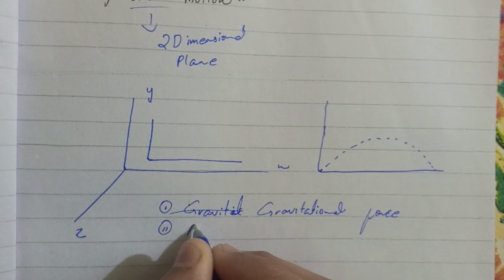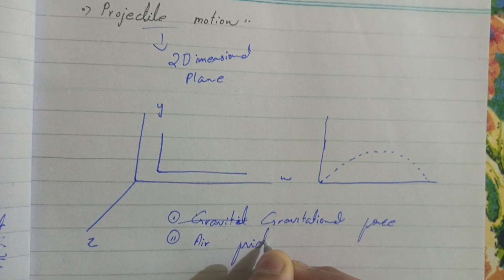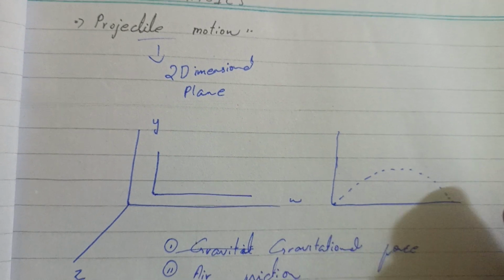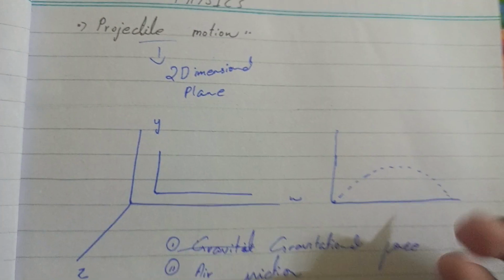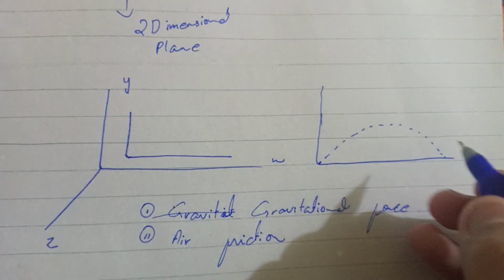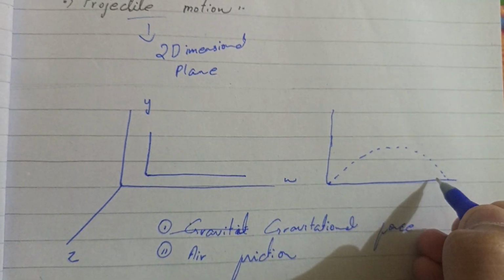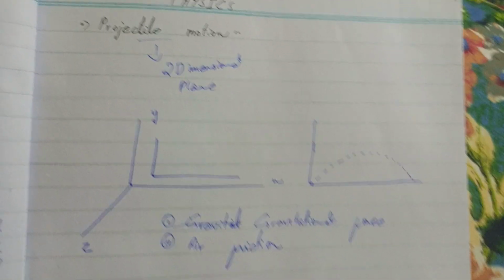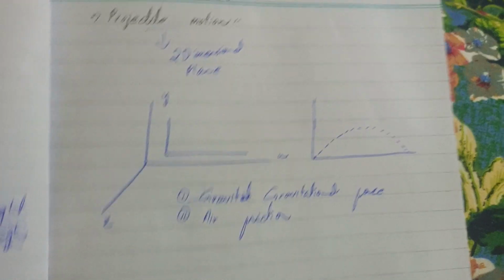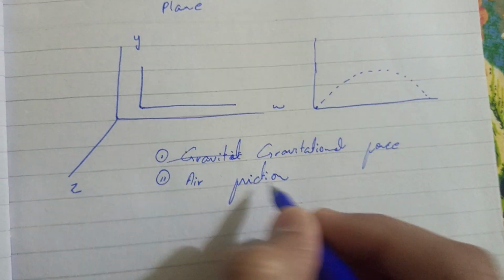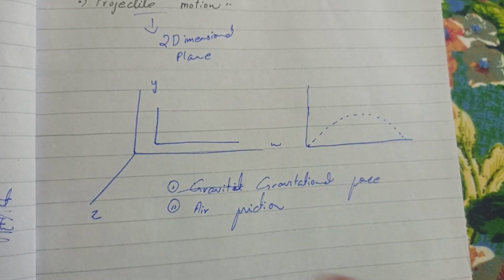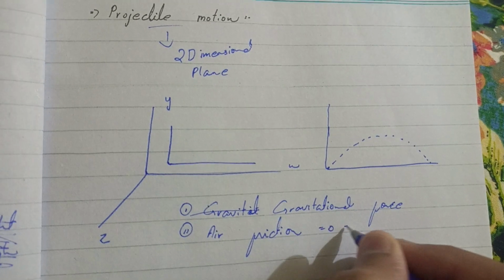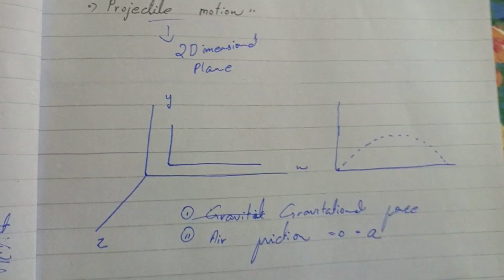The second thing is air friction. What is air friction? If you throw a ball from this side, air resistance will act against the x-axis, and the results will not be the same. When we do problems regarding projectile motion, we neglect air friction, meaning we do not consider it. When air friction is zero, the acceleration is also zero.